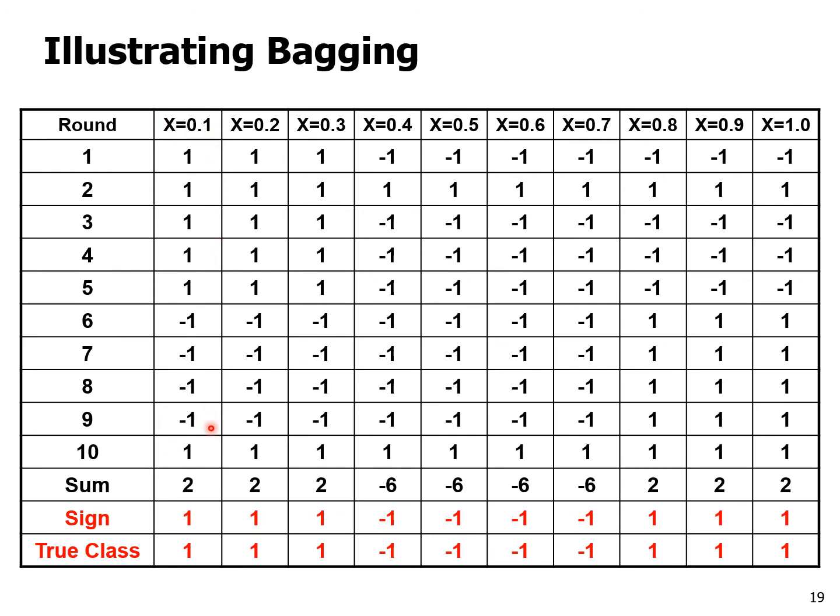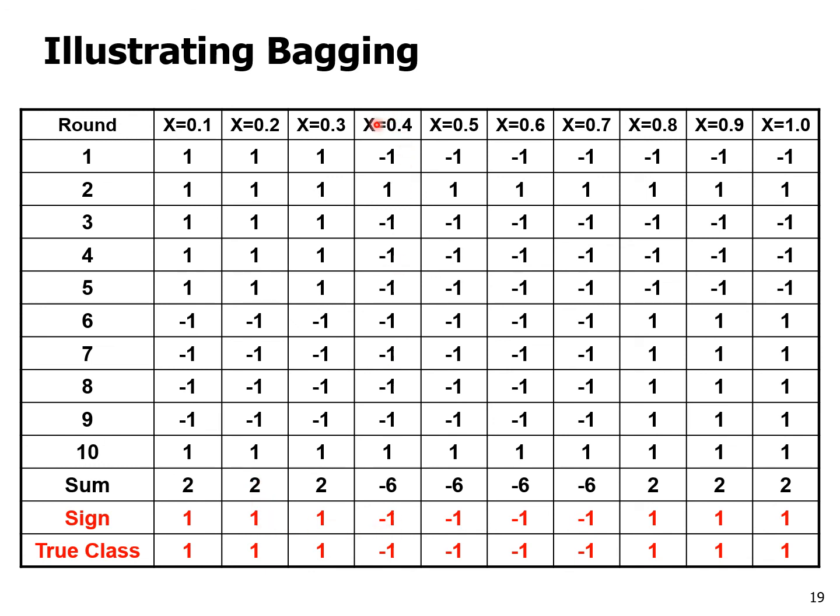Then you combine them. When you combine, we simply use majority voting, because we have +1 and -1. We simply add them together. If the value is positive, the predicted result is 1, otherwise -1. If we add together the predictions of the 10 different decision stump classifiers, the summation is 2, which means the final prediction is 1.